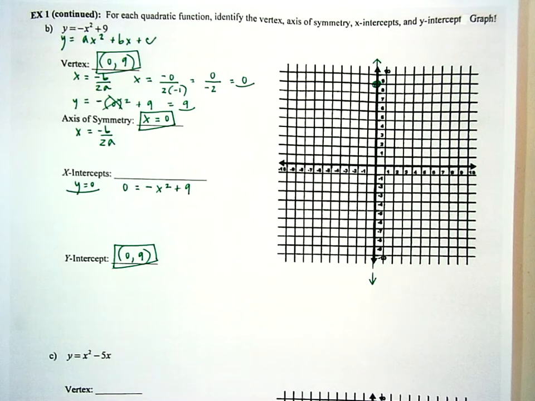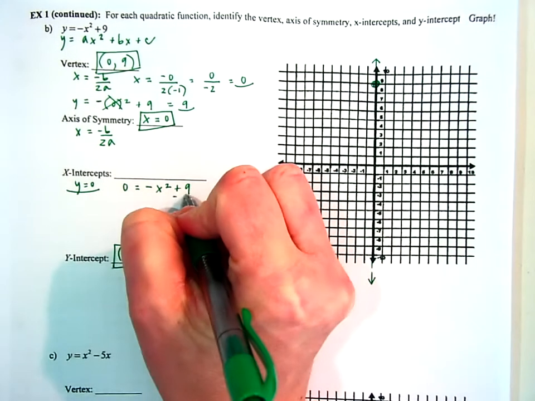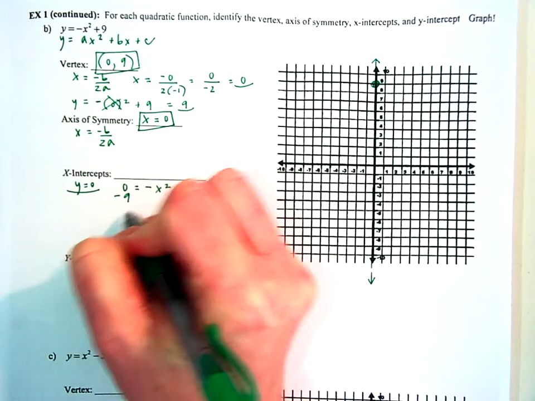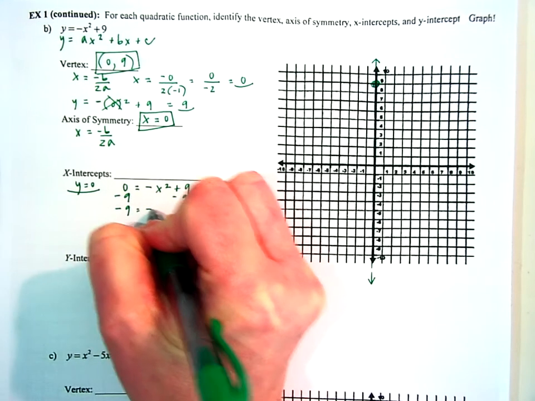That would work here because I don't see anything with an x in my linear term. It would be 0x for that b value position. So b is 0. So here I could take away the 9.